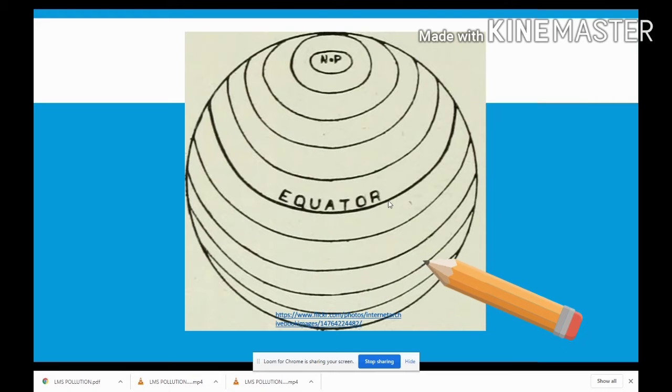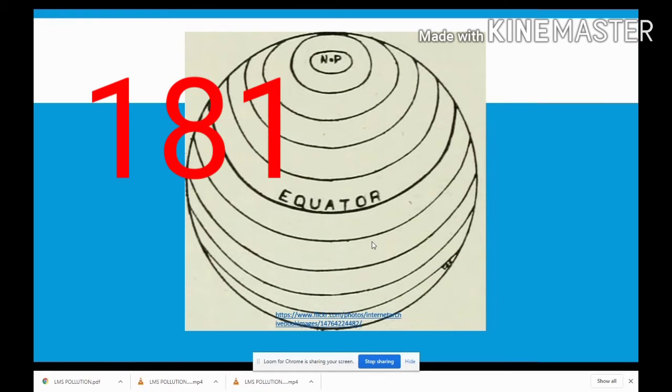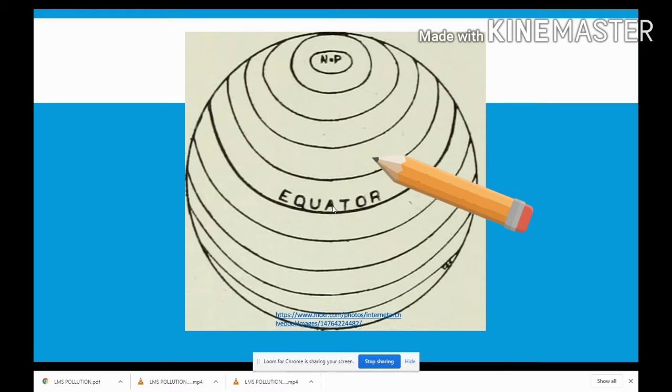There are 181 latitudes in total, including the equator. The distance between two latitudes is 111 kilometers. What is the purpose of drawing these latitudes? It is because the latitudes divide the Earth into regions based on weather and temperature.